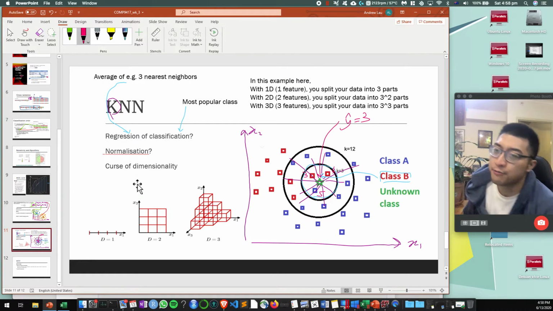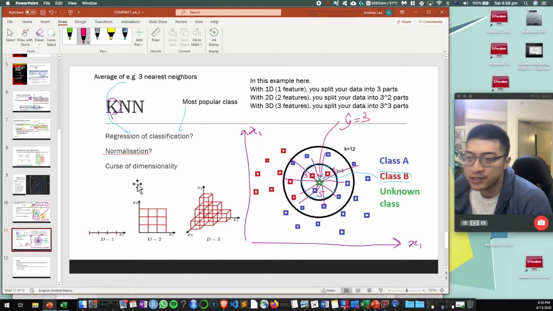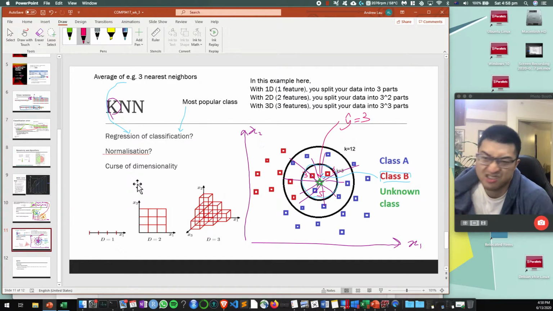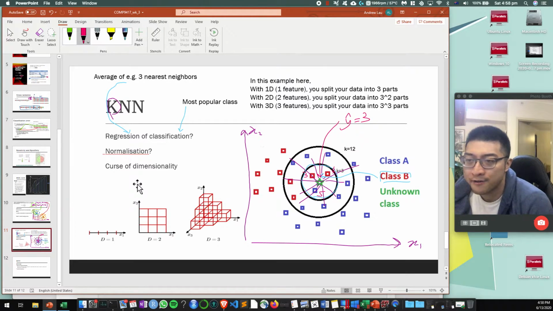There's a mathematical result which shows that as the number of features increases, the distance from one observation to another blows up to infinity. So everything becomes very far away from each other.